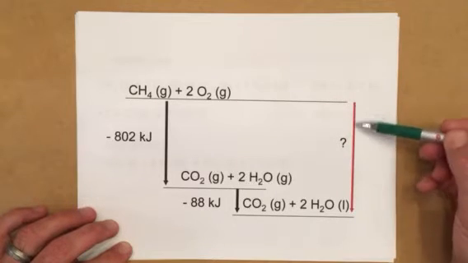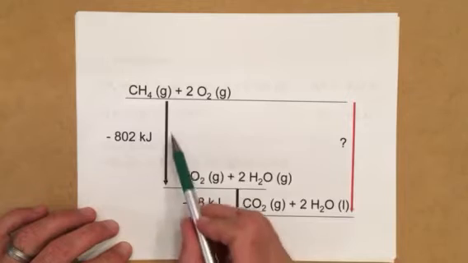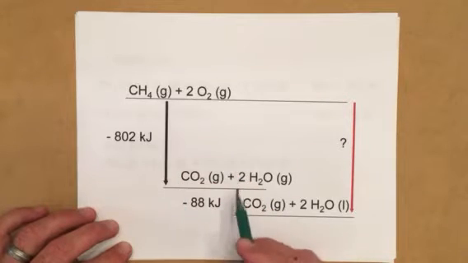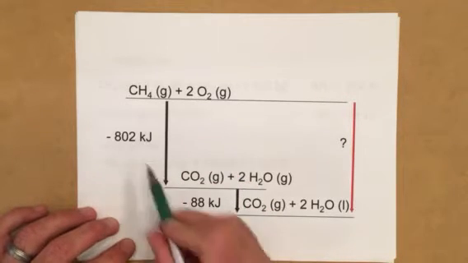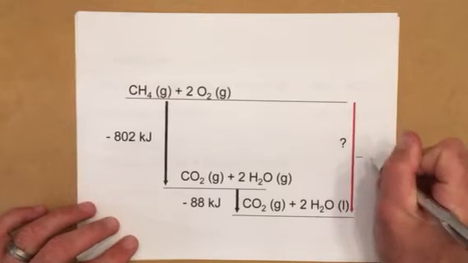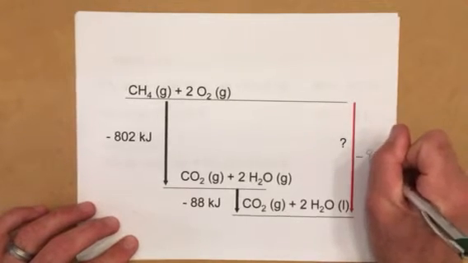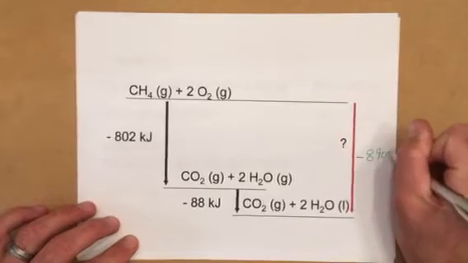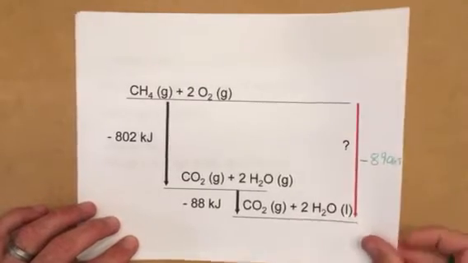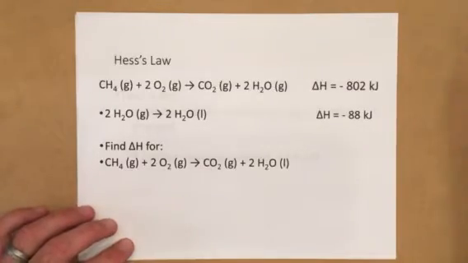And so if we want to figure out the overall enthalpy change for this reaction, we can see that it's the 802 and the 88, both negative. So that means it's an enthalpy change of negative 890 kilojoules.